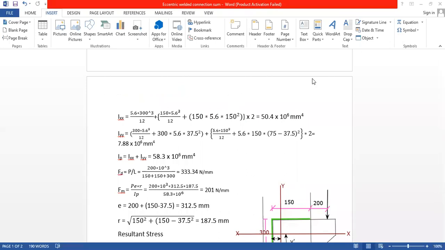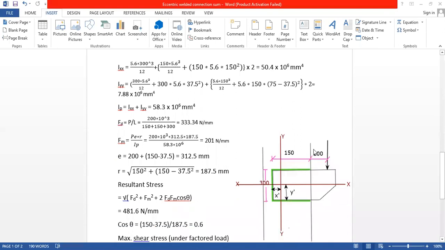All right. So this was our bracket connection, and this value x dashed was equal to how much? 37.5 mm. Okay, and this value y dashed was how much?